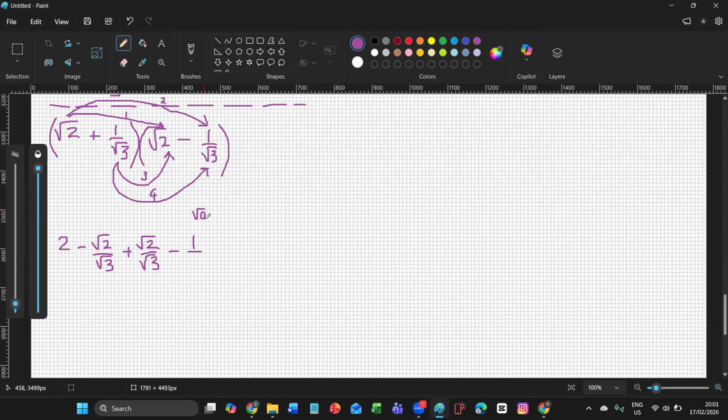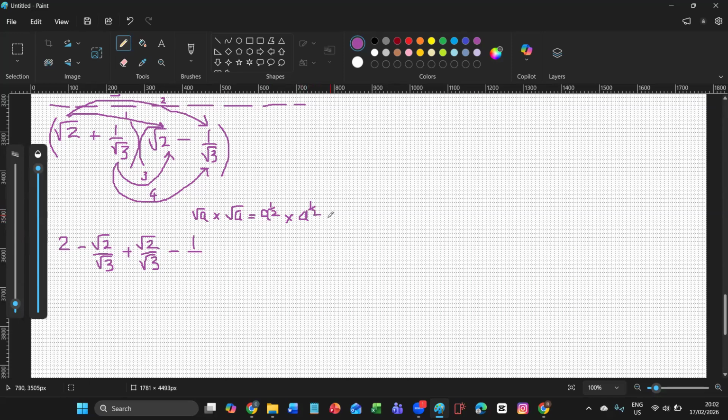Sod A times sod A is as good as A raised to power what? Half. I want you to see the relationship between surds and indices. Maybe I don't know if that will help you in any way.